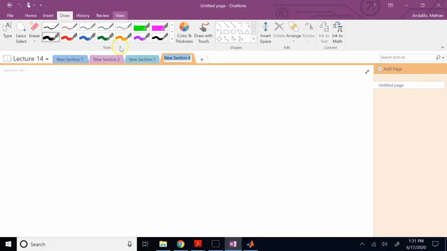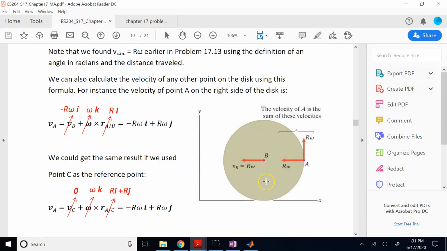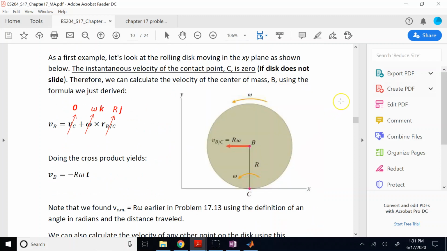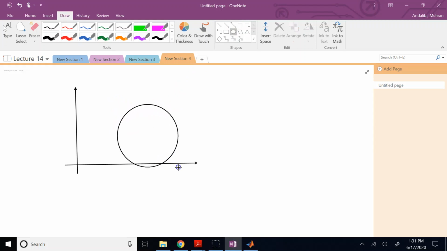Now, what if you want to find velocity of other points on this disk? So this is your disk, and you want to find velocities of some other points. Here, I will do it myself. So this is one point, this is another point, this is the disk, right?